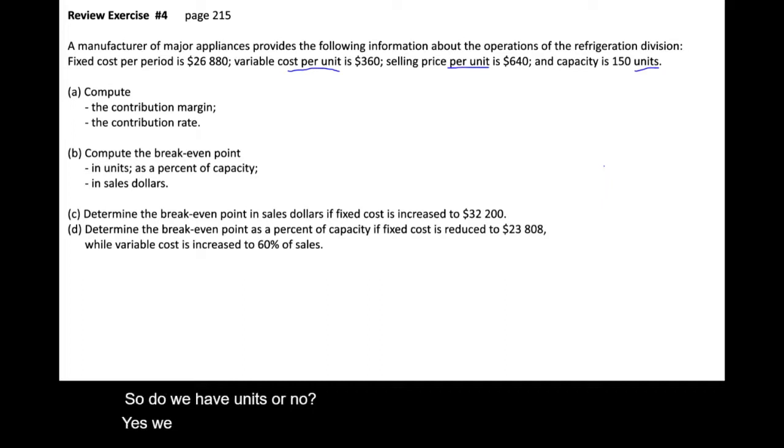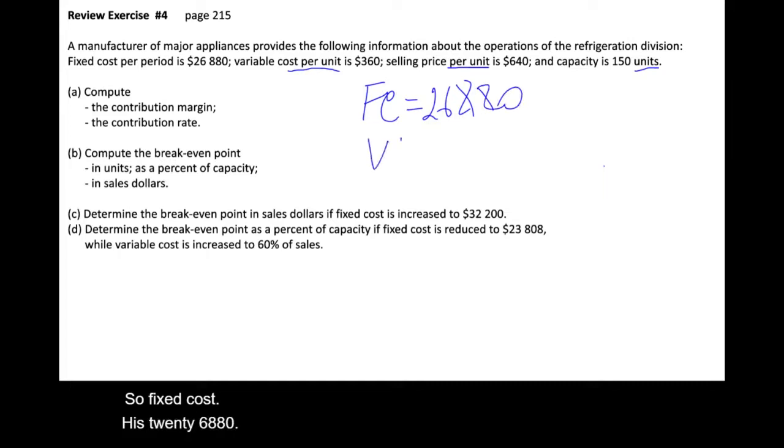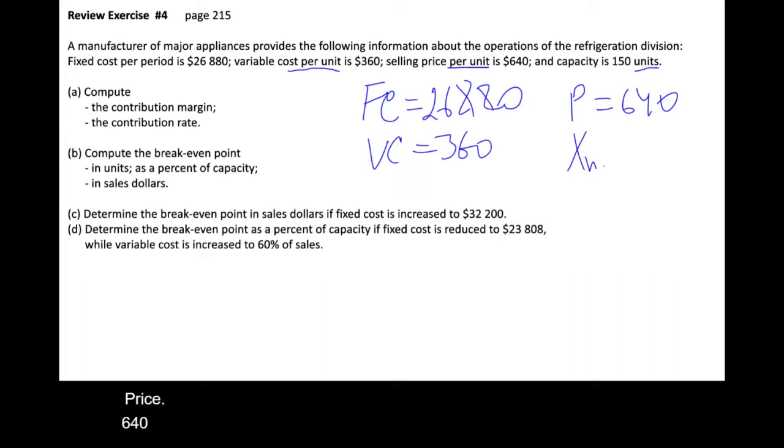Yes, we do have units. Okay, so let's write what we know. So fixed cost is 26,880. Variable cost is 360. Price 640, and X max is 150. So, any questions at that point, people?